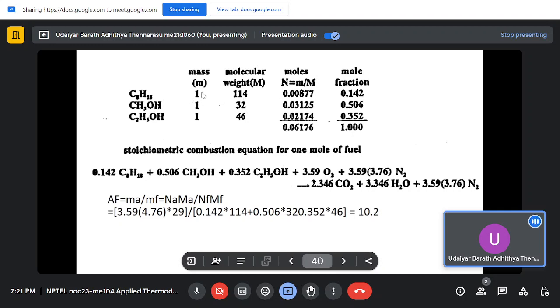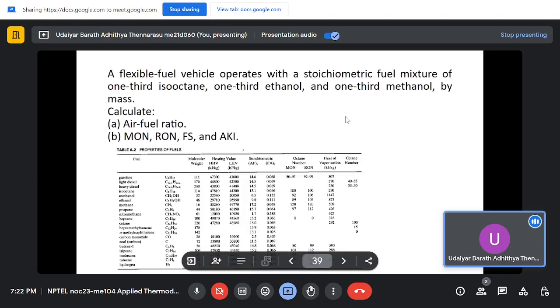The total number of moles is 0.06176. So the mole fraction will be 0.00877 divided by the total number of moles. Similarly for the other components, we can find the mole fractions, which sum to 1: 0.142, 0.506, 0.352.